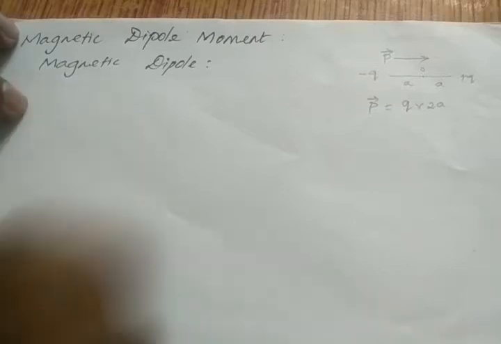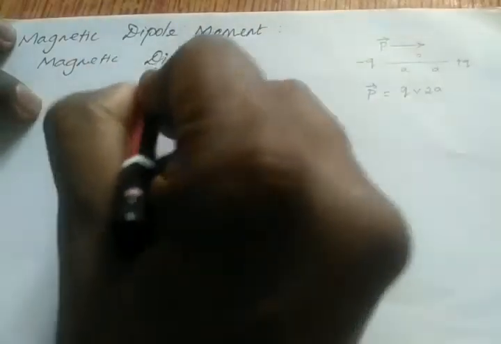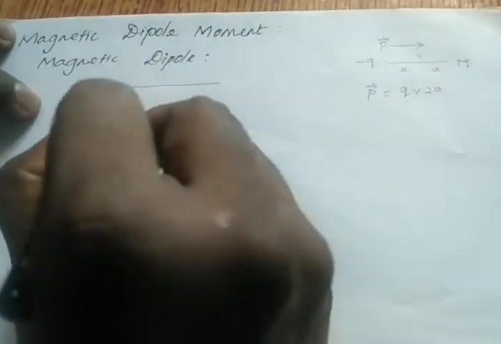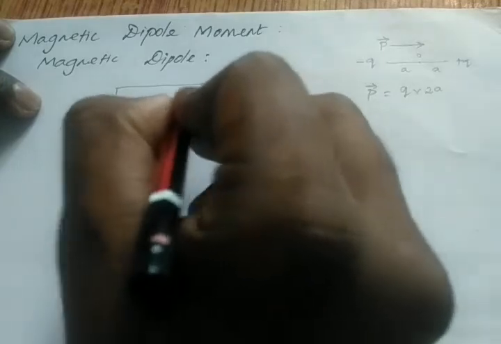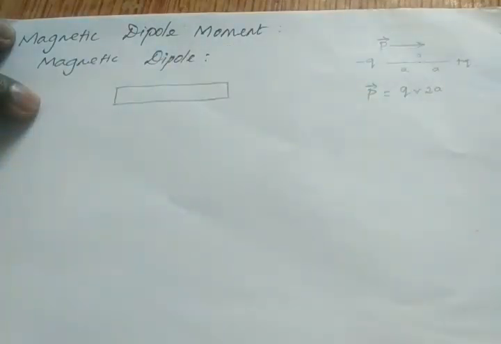So here, magnetic dipole is very similar, but instead of an electric charge we consider a magnetic charge. Consider a magnet. This type of magnet you may see in our lab is known as a bar magnet.